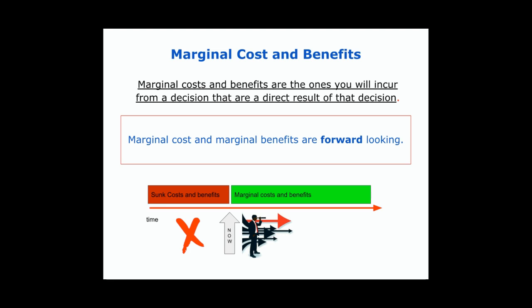We're at a particular point in time. Right now, we're evaluating a choice, and it's only the incremental costs and benefits associated with that choice, the forward-looking marginal costs and marginal benefits, that matter when we're making that choice. Those are the ones that are the direct result of the decision we're making, and therefore those are the costs and benefits that we weigh when we're making a decision.